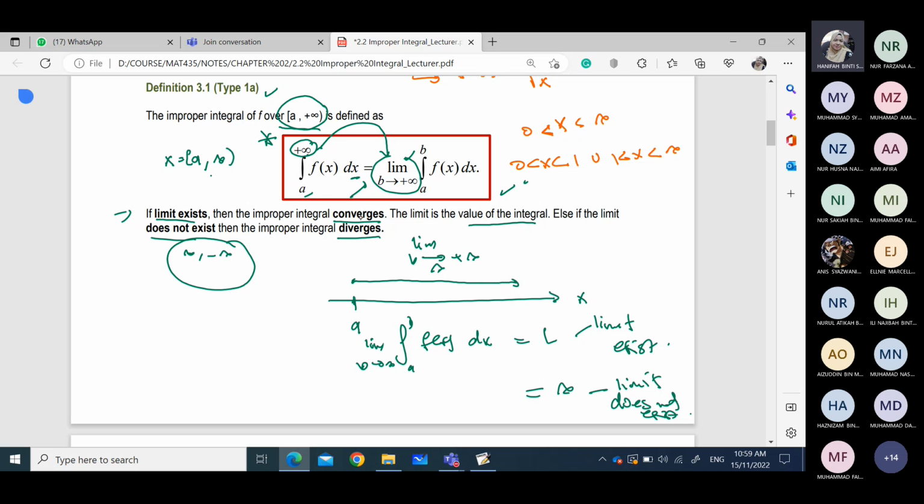So when you want to find its value, remember that for a definite integral, if we have boundaries or limits, you substitute those values, and then you get the value, which is the upper limit minus the lower limit. So the values you substitute are values of x. The minimum x is a and the maximum here is infinity.